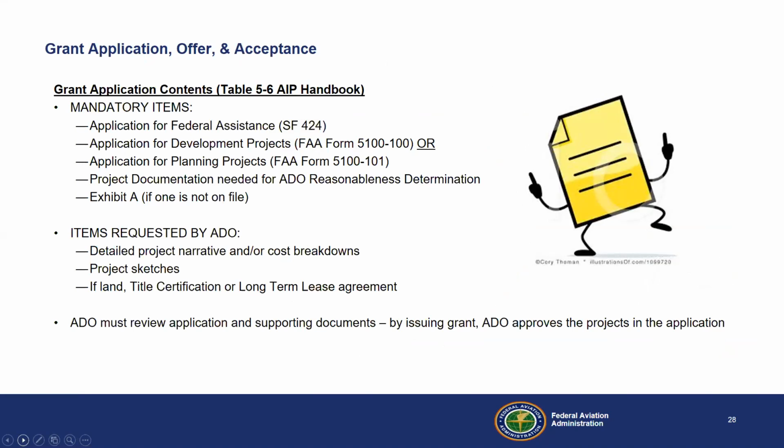We ask for either the 5100 or the 5101, and all of the other documentation that goes along with the legal authority for us as the federal government to issue a grant. We sometimes ask you for other things, and that's just our way of making sure that the federal dollar that we are spending is done in a legal and a good manner to keep us all out of trouble.